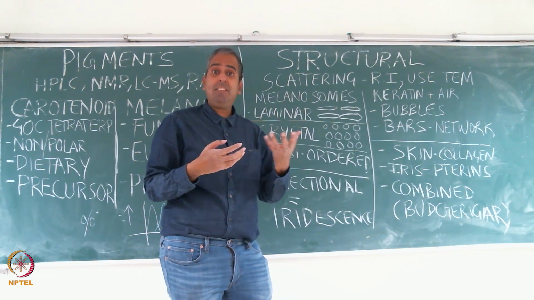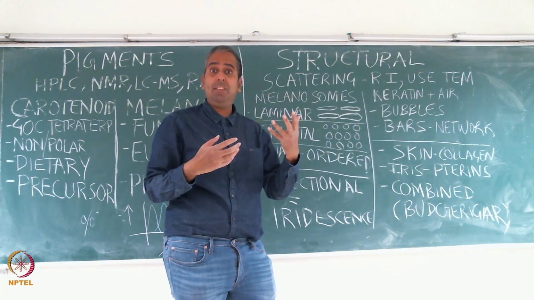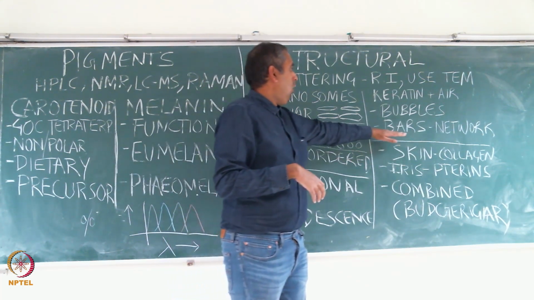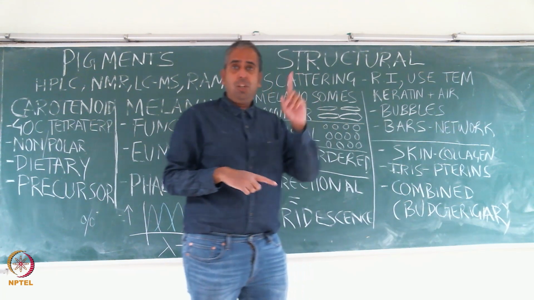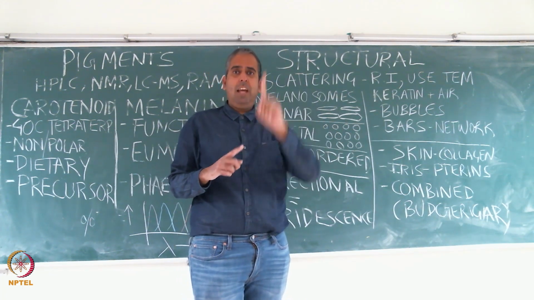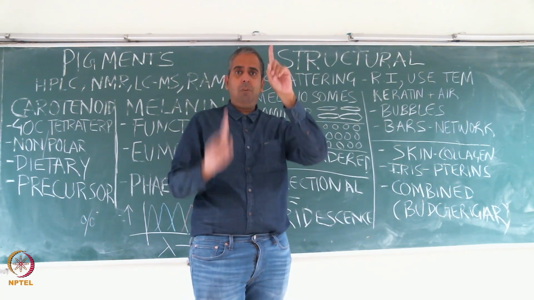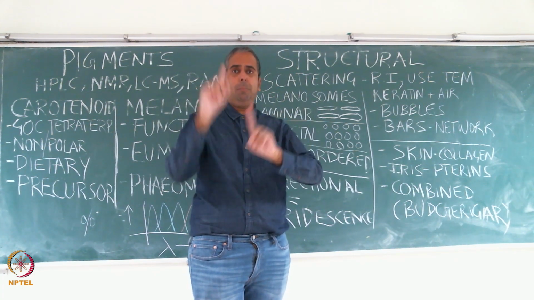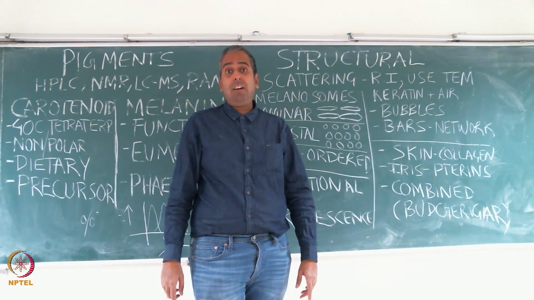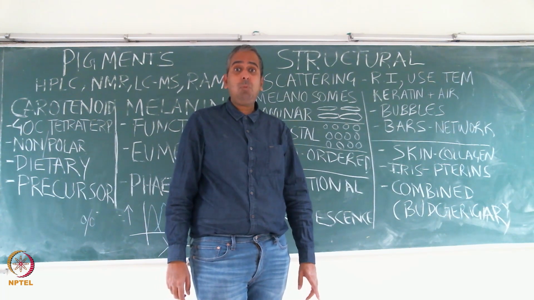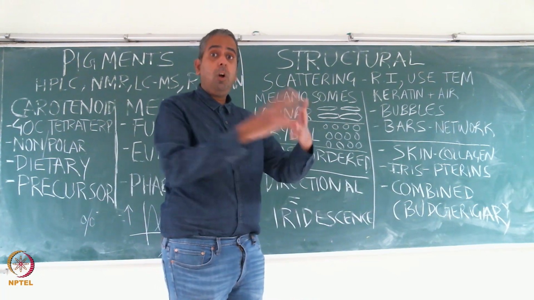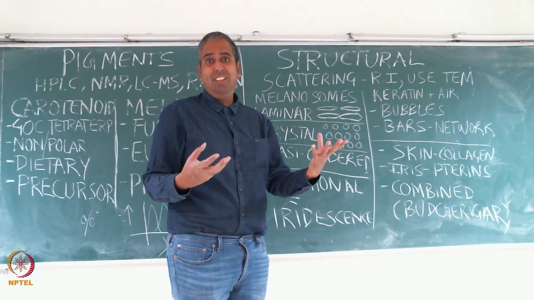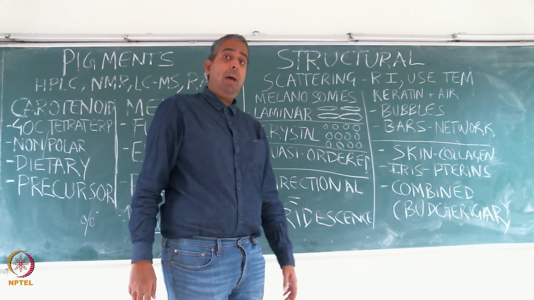That's what barbets, motmots, and many other birds have. Or you can have a more ordered arrangement where you have bars of keratin with air bubbles forming interconnected networks with each other, like so, with connections of air bubbles. Many parrots have this, and that's why they are able to exhibit overall uniform bluish colors. Alright? You can see that in many parrots, in fact.